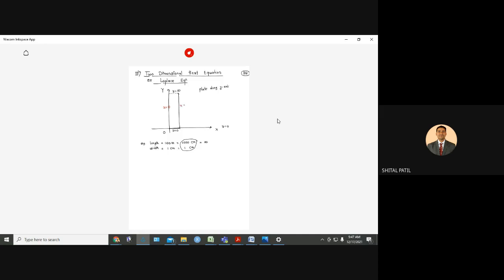And say this is x equal to L, suppose this length is L. Y equal to 0, y equal to infinity, x equal to 0, x equal to L. These are the different edges of this plate. This is the plate whose length is very large as compared to the width. Therefore, we are considering length as infinite. It is not infinite, we are considering it as infinite. Understood up to this step?